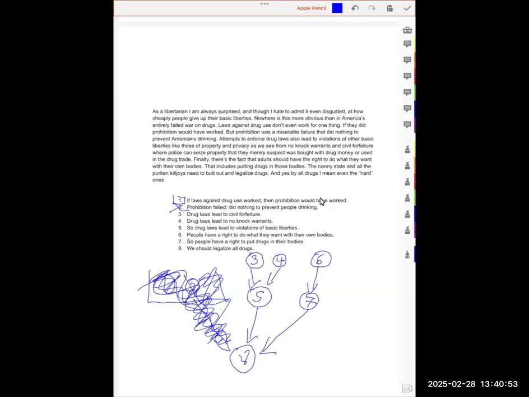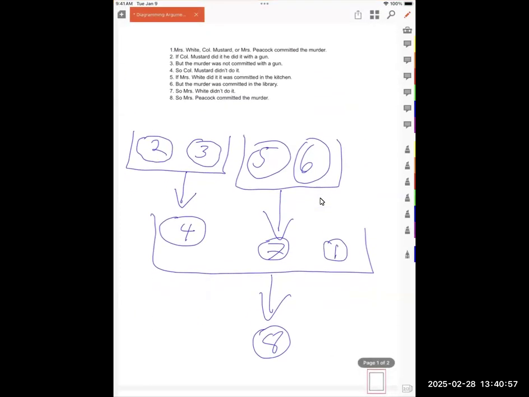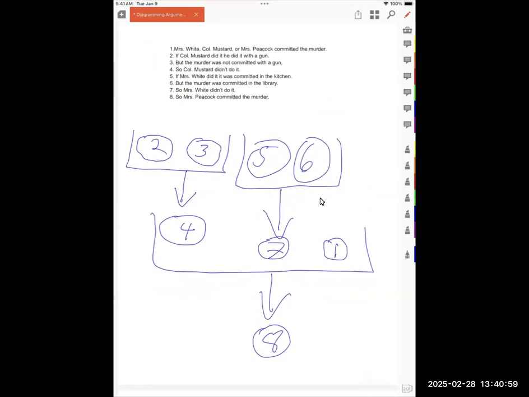So hopefully you're getting an idea how this works. You know, think about my other argument. This one's really fragile, right? If it turns out, well, actually, we don't know what the murder was done with. Maybe it was done with a gun. Then the whole argument falls apart, right?